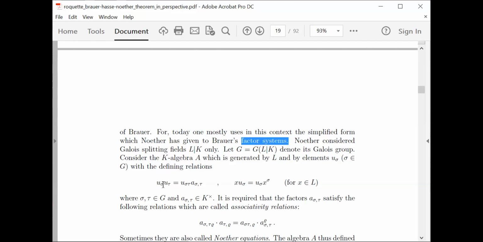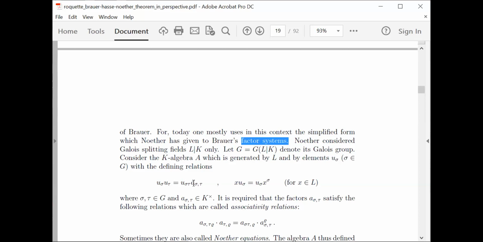And so what we're doing is, the thing before that I described was just a group algebra of the Galois group with coefficients in the field extension. Now we're going to twist it in the usual cohomological way by sticking in a 2 cocycle.